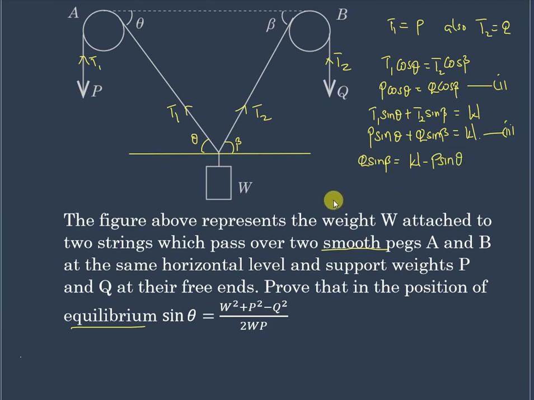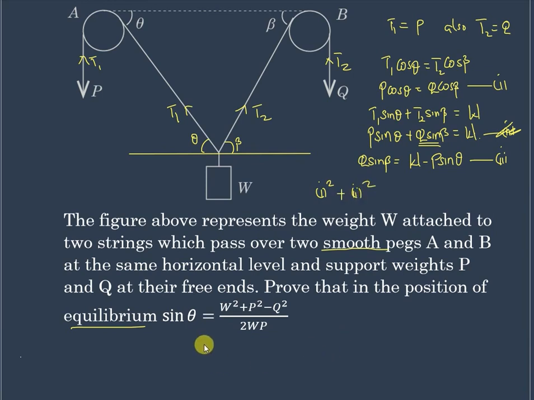And actually, let this one be the one I call equation 2, the one where Q sine beta is equal to this one minus that. So we are going to get equation 1 squared plus equation 2 squared.